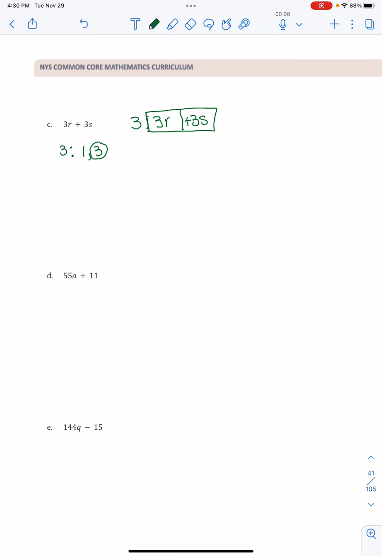So 3 goes into 3, 1r. 3 goes into a positive 3, plus 1s. So I can rewrite this 3 times r plus s, or 3 times 1r plus 1s.